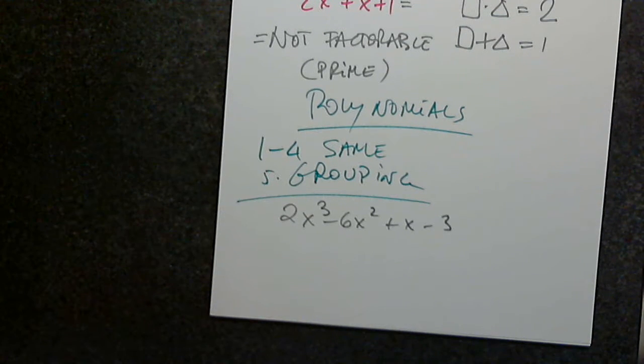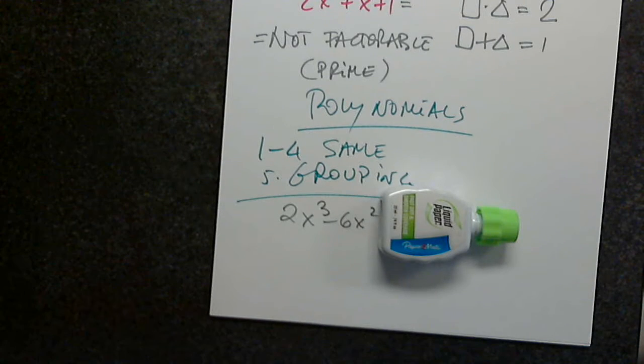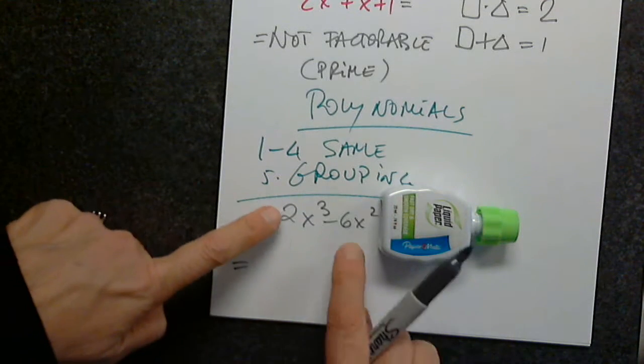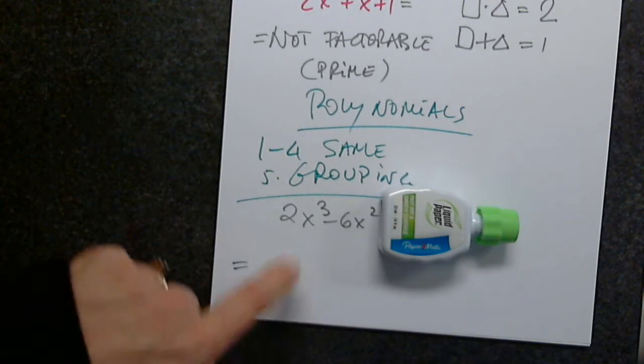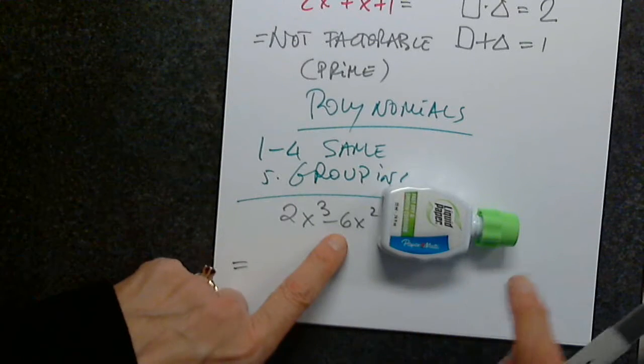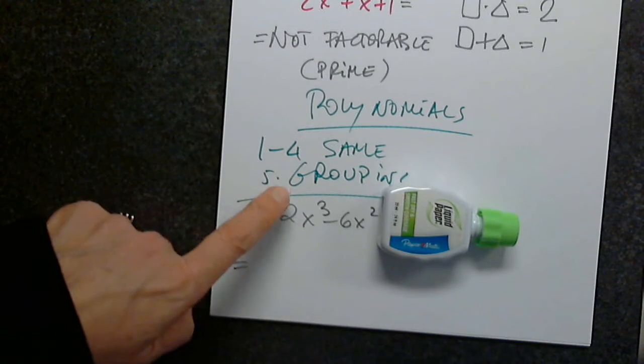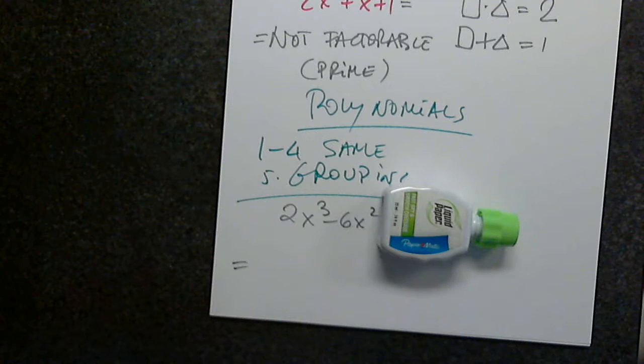Okay, fine. Again, I may have to group in 3 different ways. First 2 and the last 2 is one way. First with the third and second with the fourth is another way. First with the last and the middle 2. But I will start by doing the first 2 and the last 2.